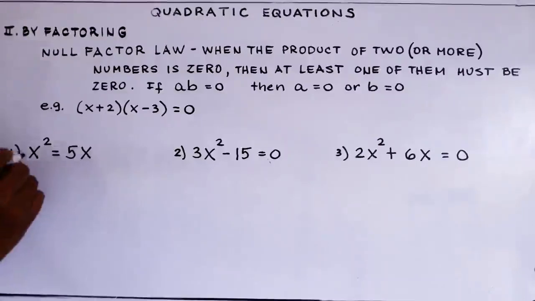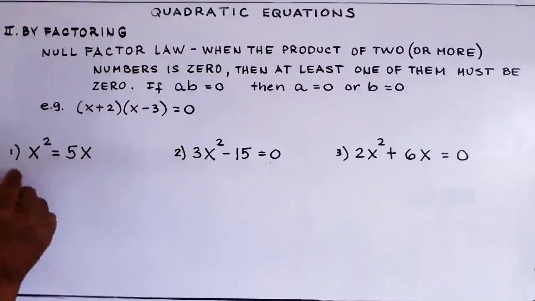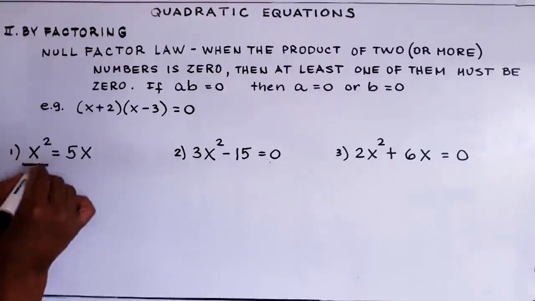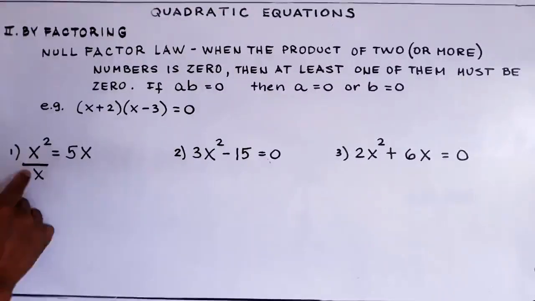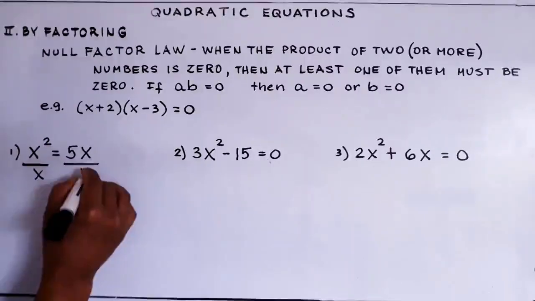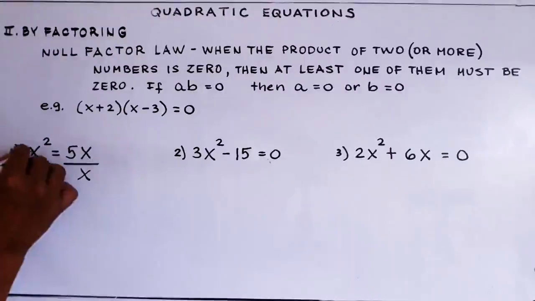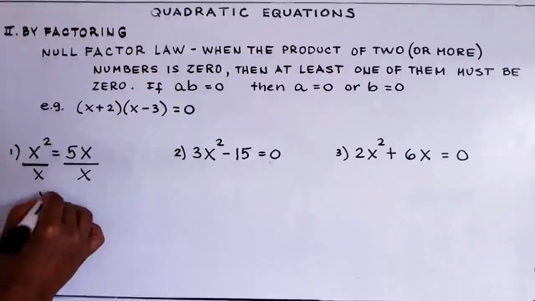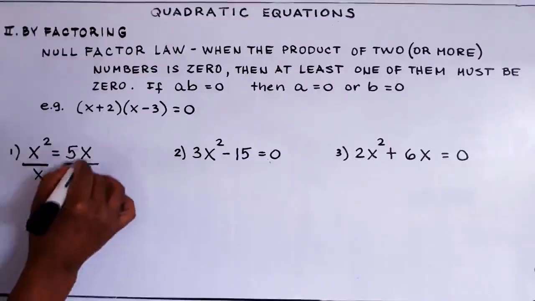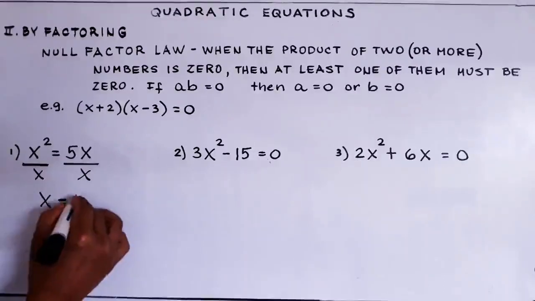Now, do not do this one, class. If you see the x here and the x there, and you are thinking to divide by x, whatever we do here, we also do on the other side. So here x squared over x will give you x, and 5x over x will give you 5.